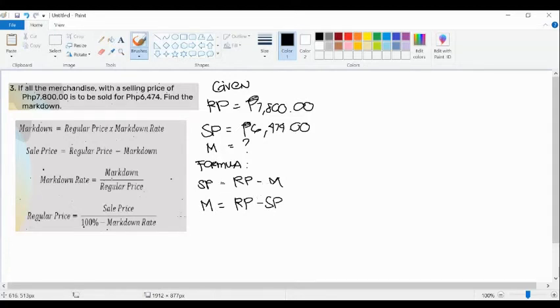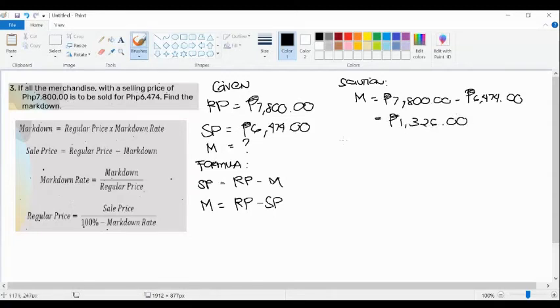Okay, so our solution would be 7,800 pesos minus 6,474 pesos. That will give us 1,326 pesos.